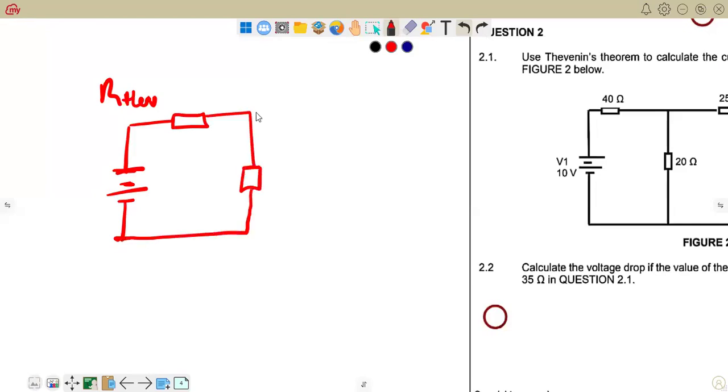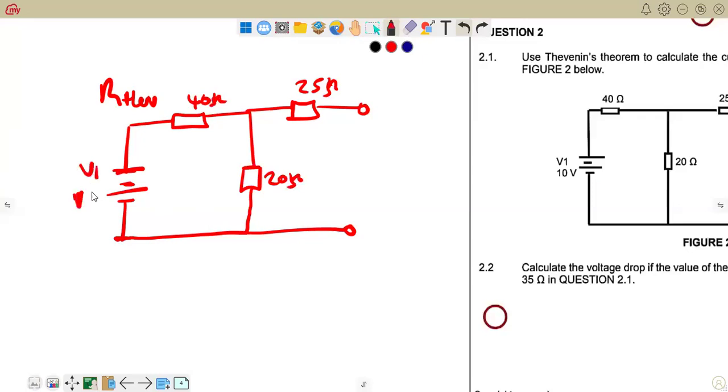So what have we done? We've removed the source and the load resistor. Right, so we have the 25 ohm resistor here, the 20 ohm resistor here, and the 40 ohm resistor there with V1, the 10 volts. So this is the circuit that we have.